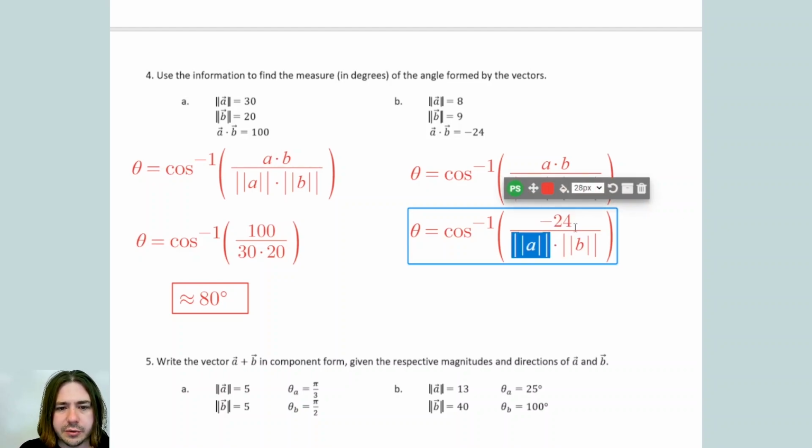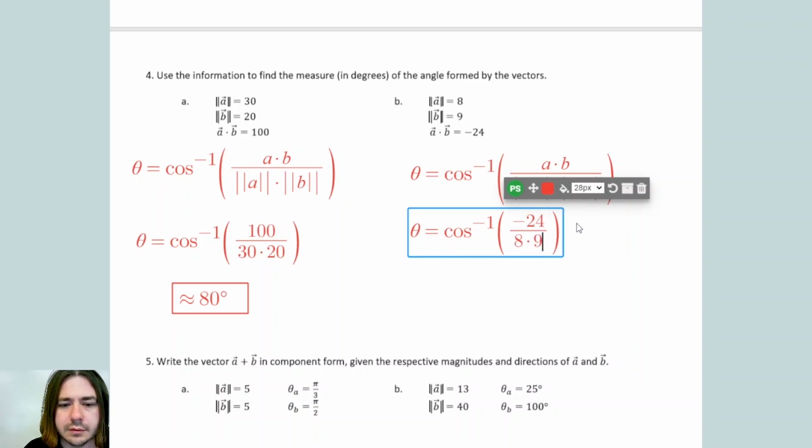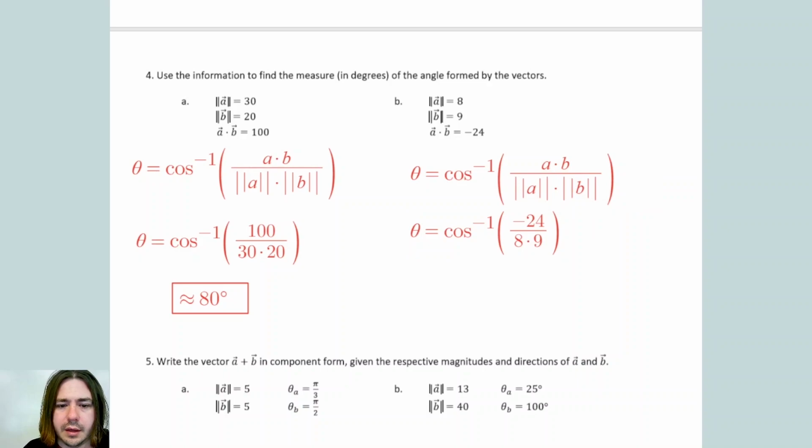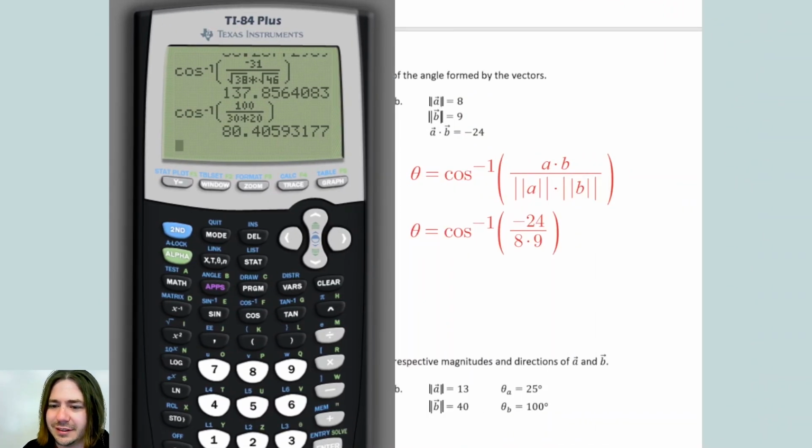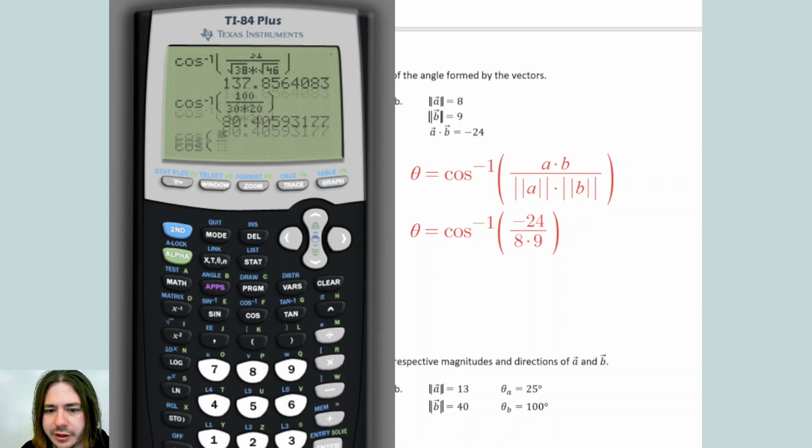And the magnitude of A is 8, the magnitude of B is 9. And that's pretty much it. We're going to calculate it in the calculator here. So inverse cosine of, I'm not even going to bother copy and pasting because there's no decimals or anything like that. Should be pretty easy to type. Negative 24 over 8 times 9.